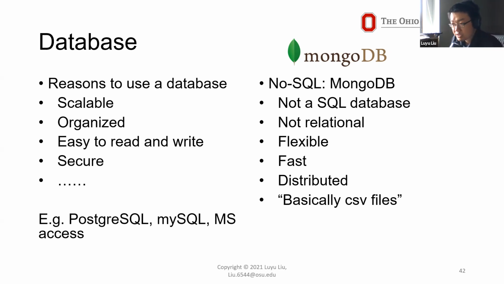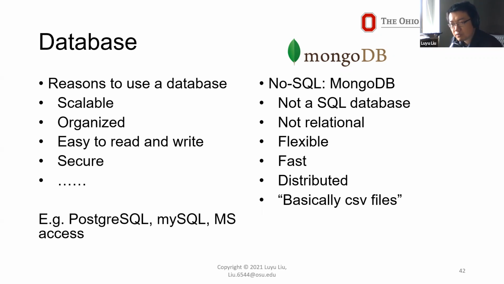Traditional examples are Postgres, PostGIS, MySQL, and Microsoft Access. These are very traditional and well-established options, right? However, for our case, I like MongoDB because it is so-called NoSQL. Why NoSQL, right? That basically says it is not a SQL database because it is not relational. In essence, can you imagine a database that cannot do joins? That is what we have here.